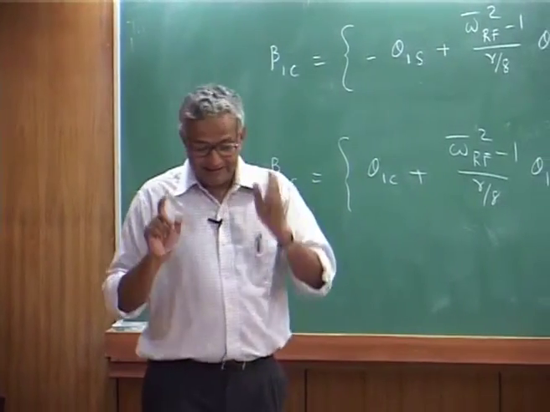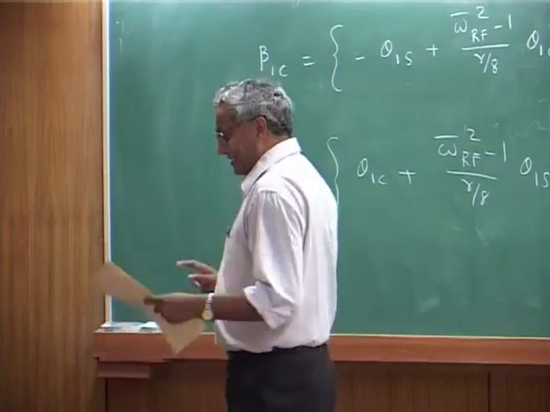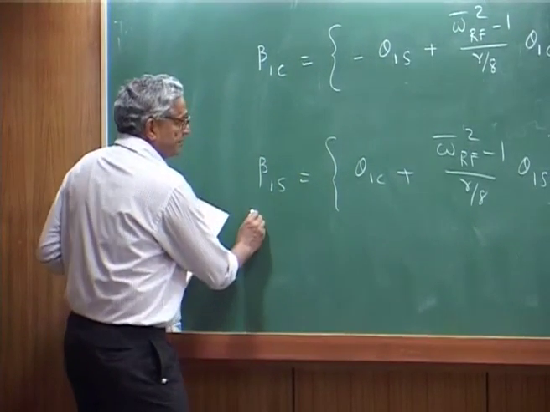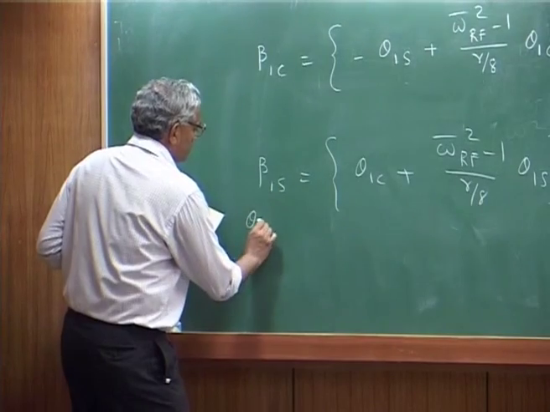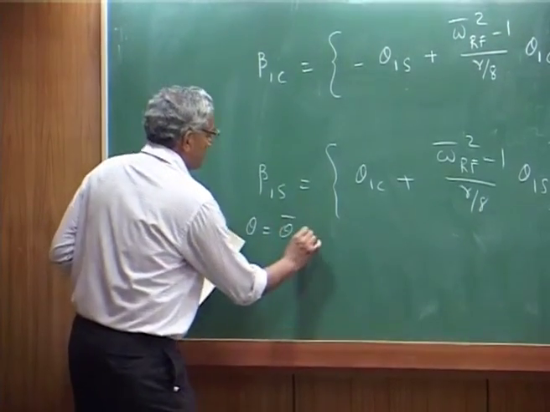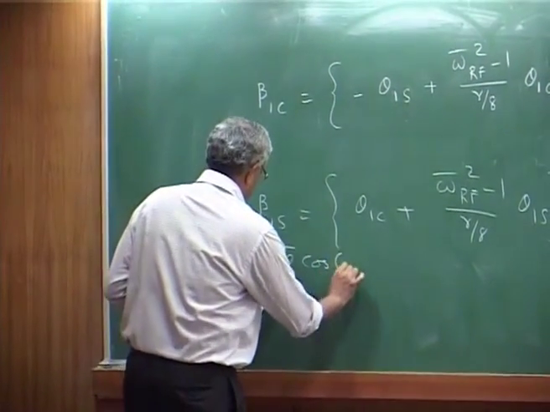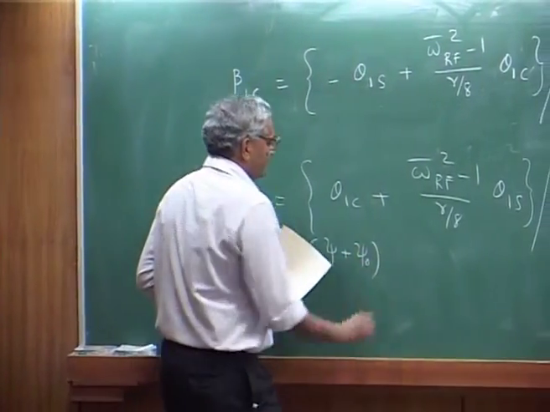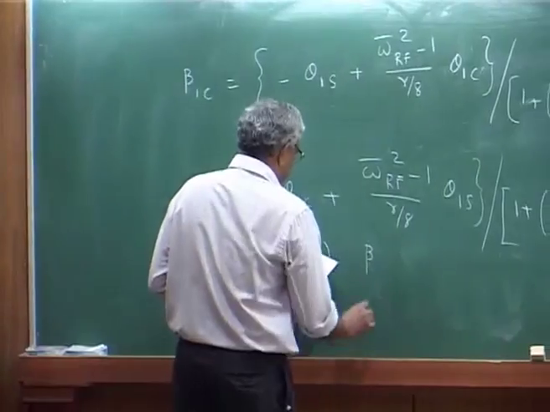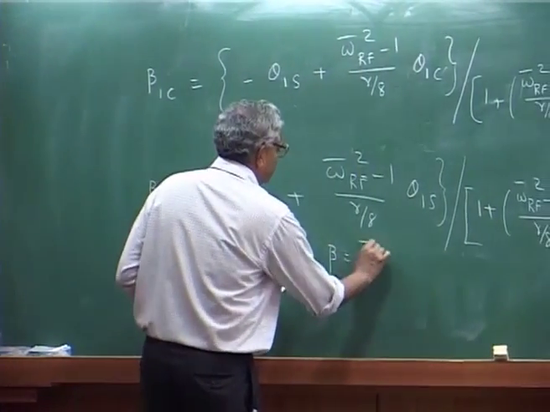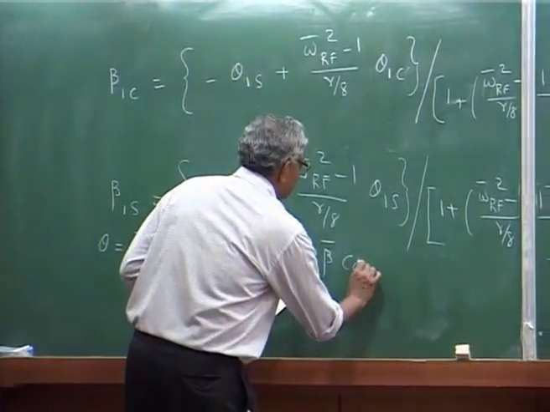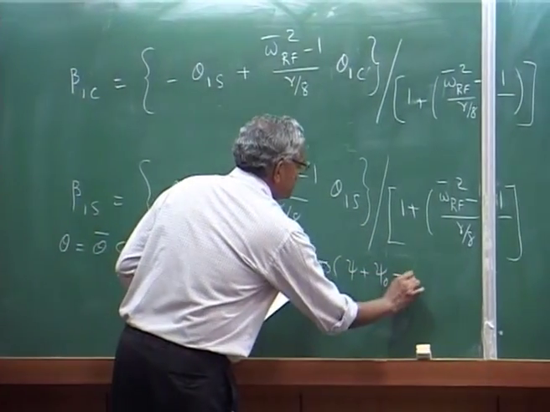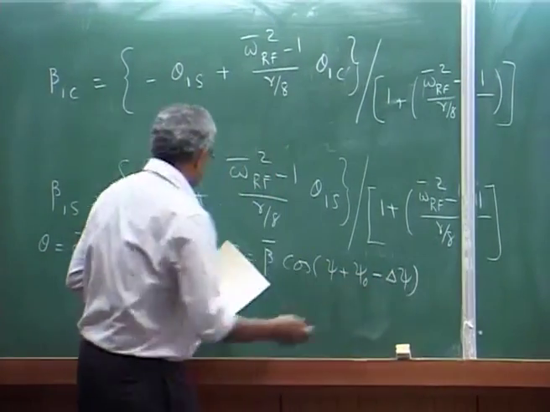And that I leave it to you as an exercise, because if my input is theta equals theta bar cosine psi plus psi naught, and my output I call it beta bar cosine psi plus psi naught minus delta psi.